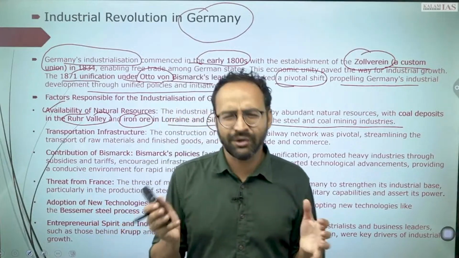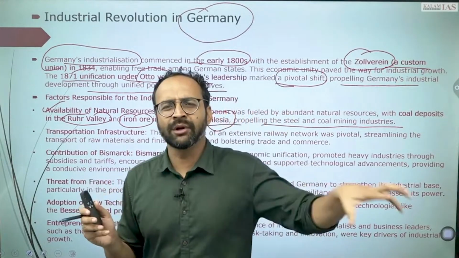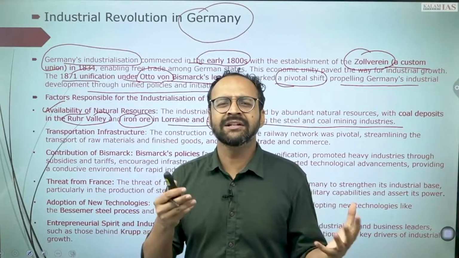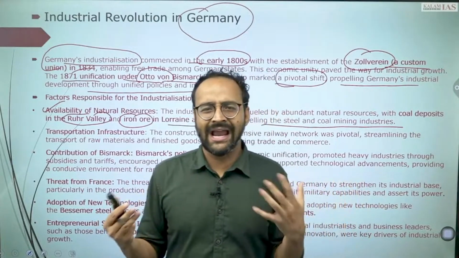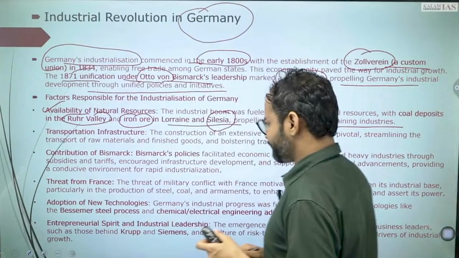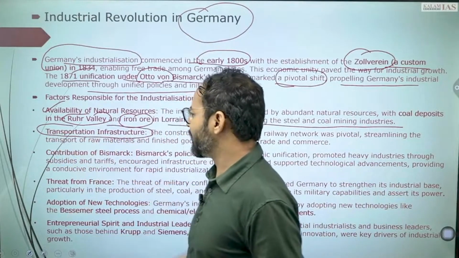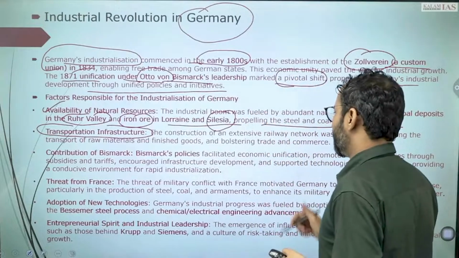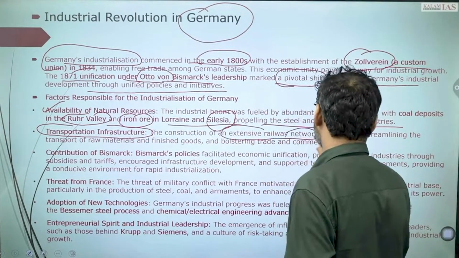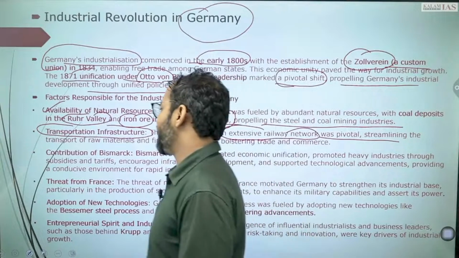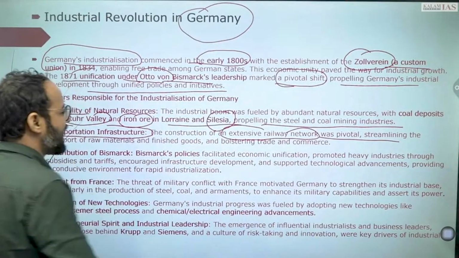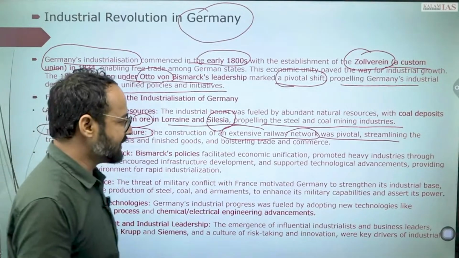There's a kind of insecurity among each other. So they are growing politically, unifying, making diplomatic headway with each other. Gradually they are improving their infrastructure, and there's an extensive railway network which was pivotal, streamlining transport of raw materials and finished goods, bolstering trade and commerce.